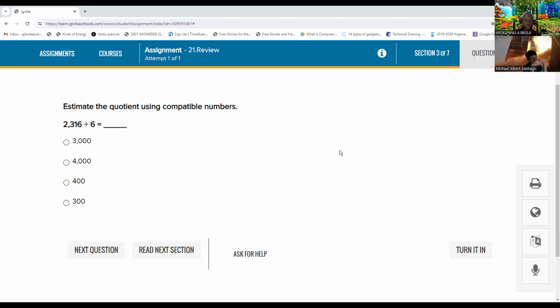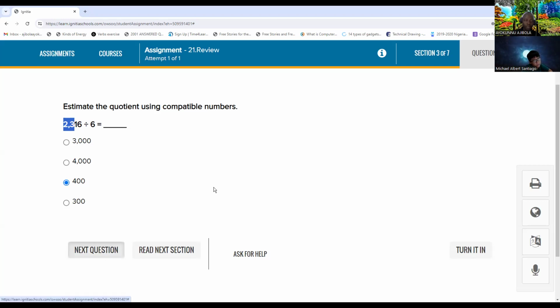So which option should we go for? 4,000. Check it again. 400. So how did we get 400? Because we used 24 instead of 23, okay? Then that gives us 4, then the remaining is 0.